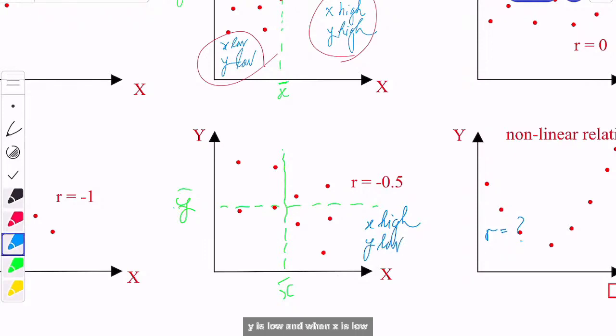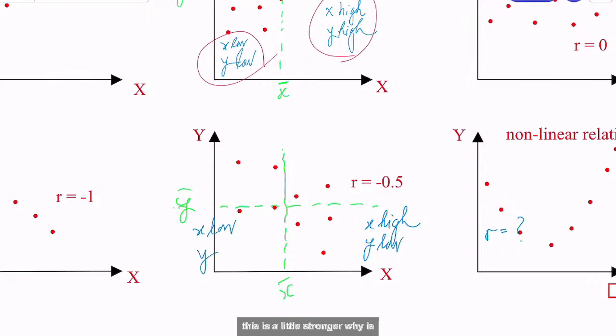Y is low. And when x is low, this is a little stronger, y is mostly up here, right? It's tending to be up here.